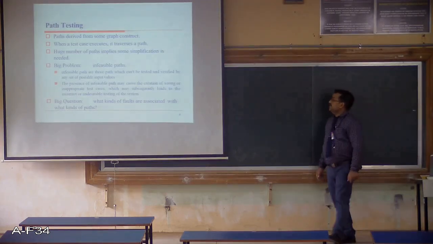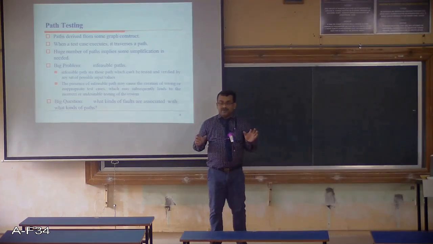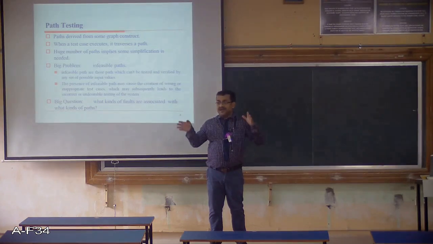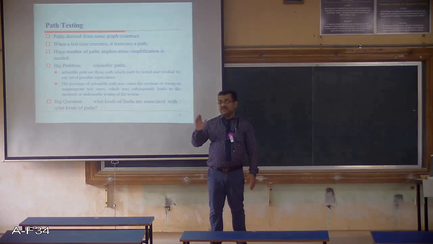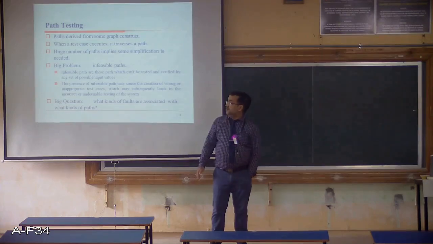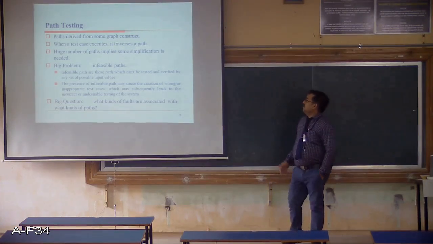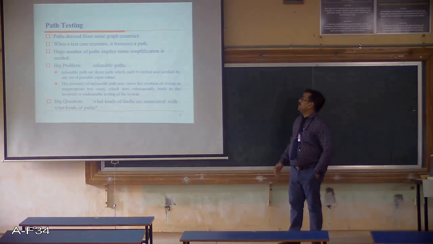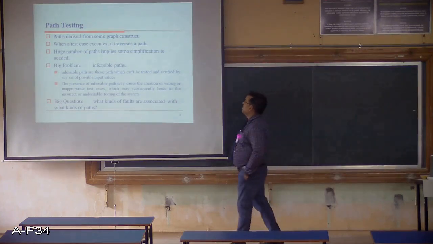Now, path testing. The program is constructed in terms of a flow graph. From the flow graph we identify the paths of execution. We can call each of these paths an independent path for the control flow. We identify the test case execution, the way a test case executes while it traverses the path.